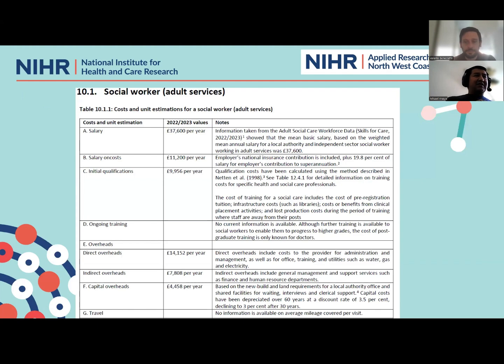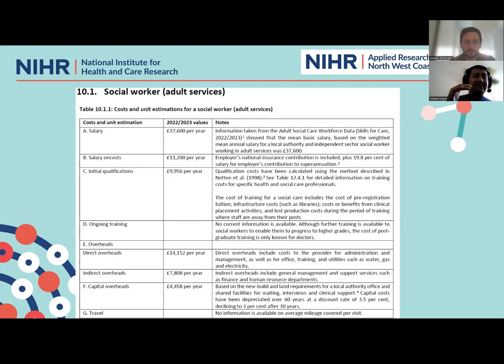Here's an example, in this social care adult service. We have here first the salary. The salary is defined by year, 37,000 per year, for example. And then the salary on cost, which is a kind of indirect cost. This is the national insurance contribution. Then we have the training, the ongoing training.